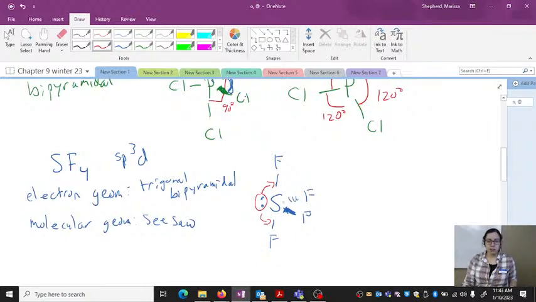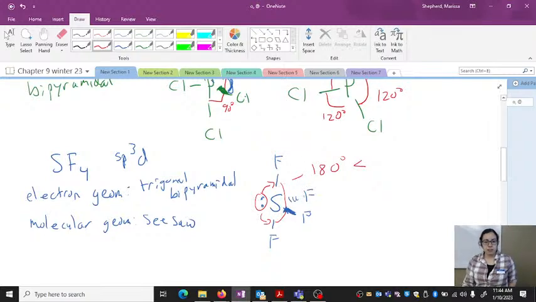Oh, I guess the lab didn't calculate SF4. So in your free time, you could run this. But I would expect there to be some distortion. So I assume this is going to be a little less than 180. And that will probably tighten up the little angles there. But that's all you're looking for.